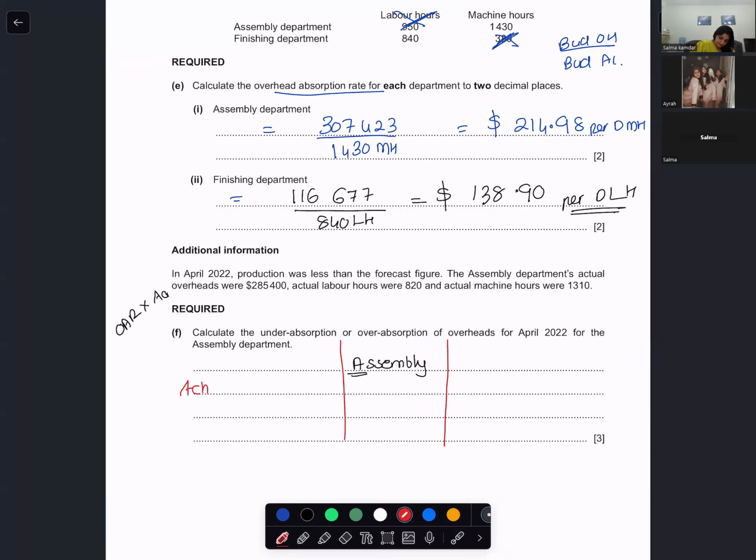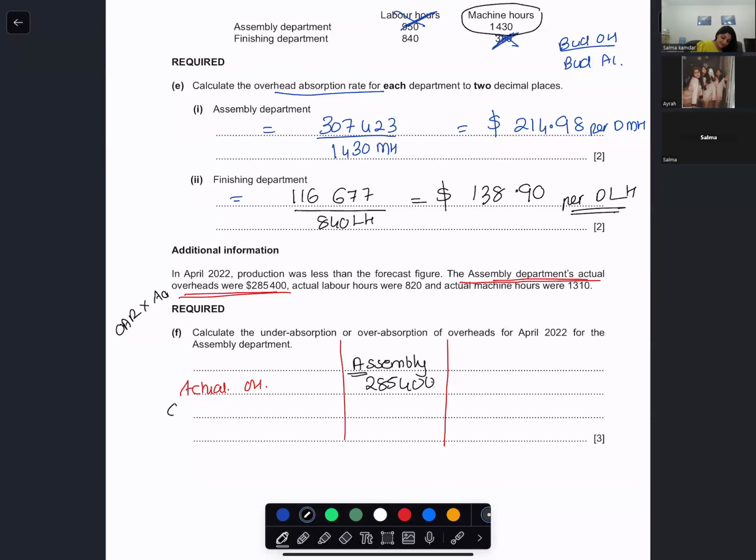The actual overheads will be 820 into 21, which is 2,85,400. Assembly department is what intensive? It is machine capital intensive.